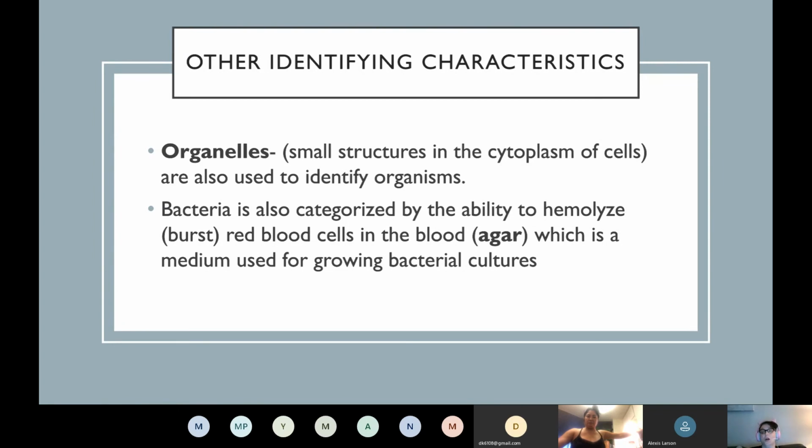So, another way that they can do it, as I had mentioned, is the agar, that's the stuff in the bottom of the petri dish. My micro teacher called it the carpet. And sometimes they'll use blood, like sheep blood, goat blood, different things like that. And if a bacteria or a microorganism bursts the blood cells when they put that on there, that is called this word right here.